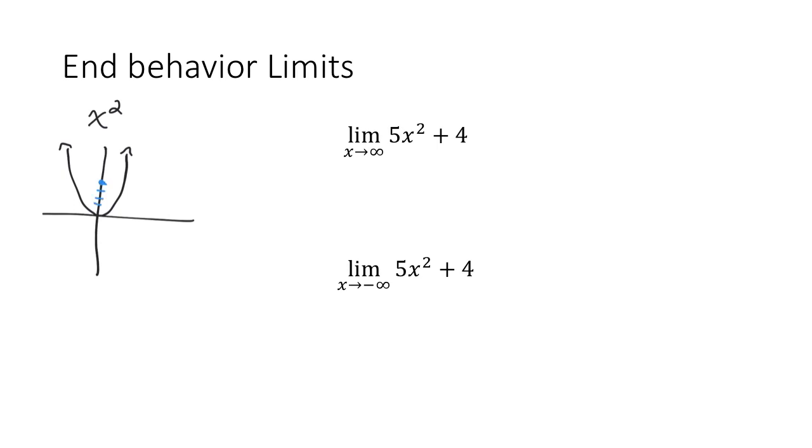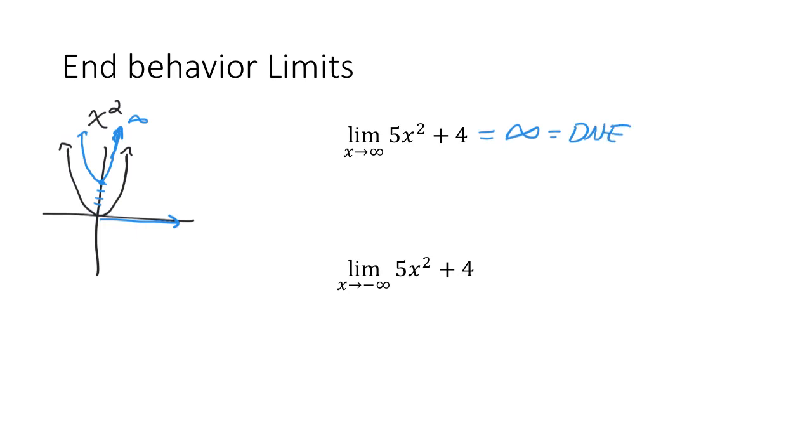But that doesn't really change the end behavior. It still says as x approaches infinity, on the right side of this graph, the graph is going up to positive infinity y values. So as x is approaching infinity on this quadratic function, we're still approaching infinity. So I'm going to say infinity, or because it's an infinite limit, you can say does not exist.